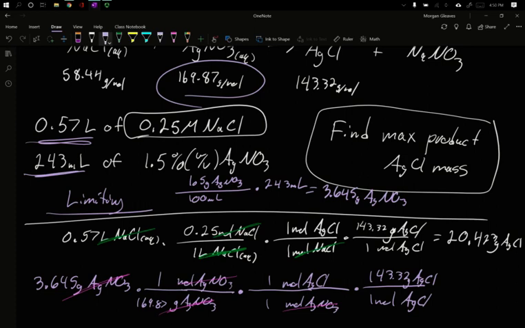So in our case, 3.645 divided by 169.87 times 143.32, we will find that this is 3.075 grams of silver chloride.